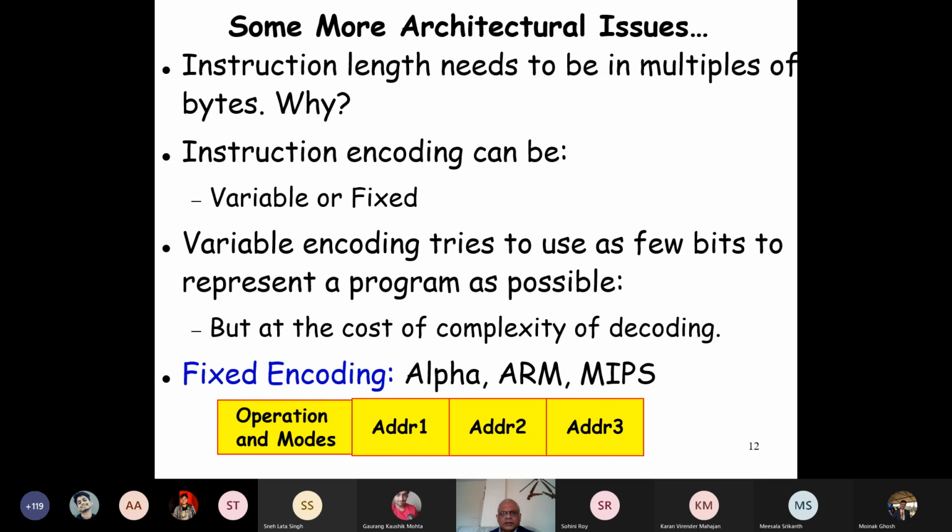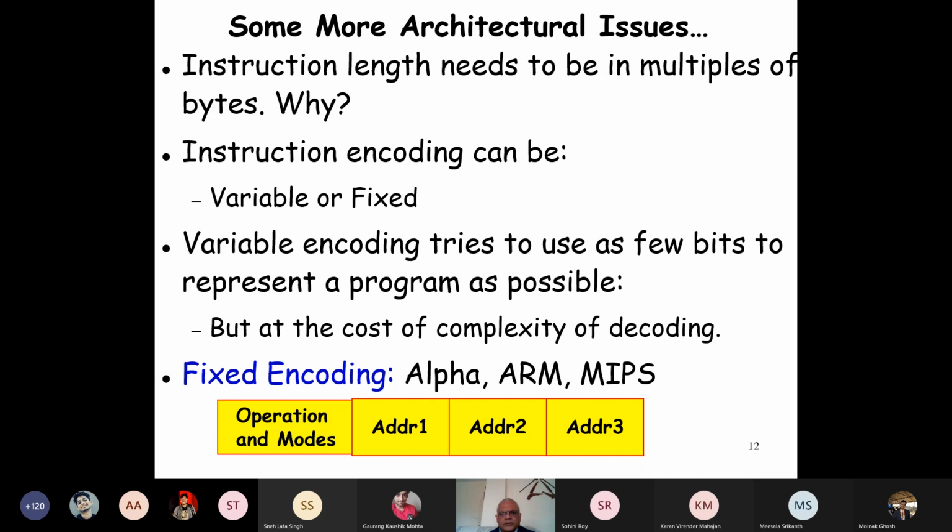So the answer here is that instruction length needs to be in multiples of bytes, since memory cannot deliver less than a byte. So we need to have the instruction in multiples of bytes.